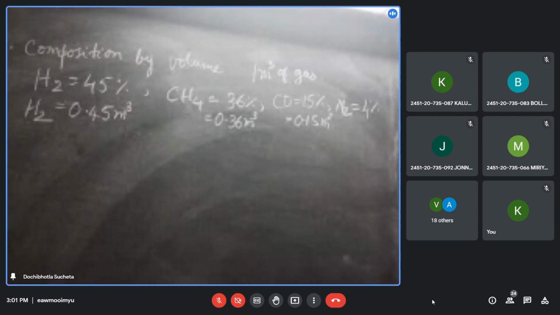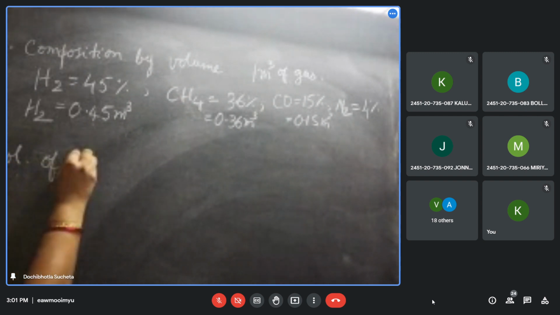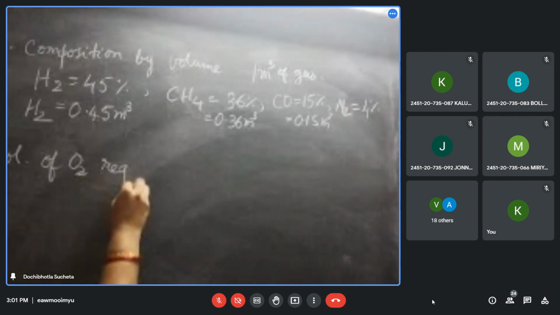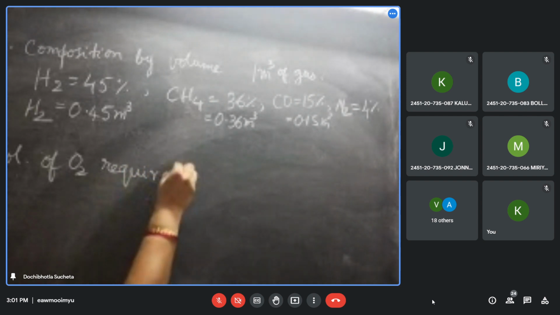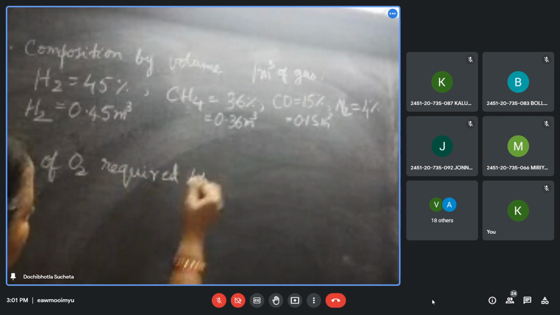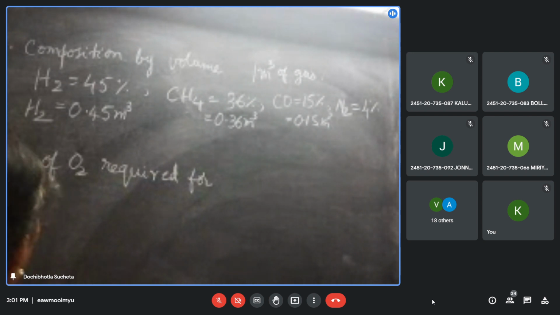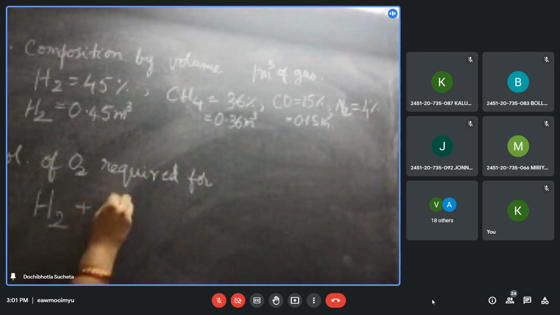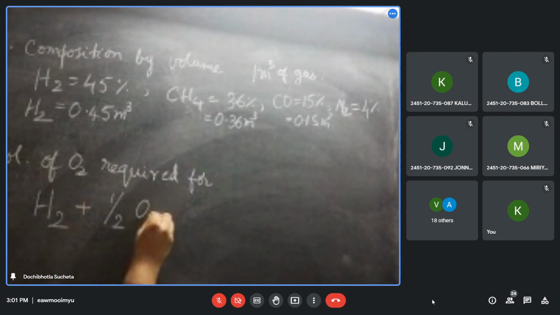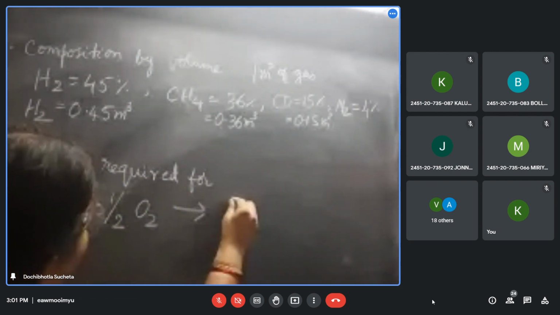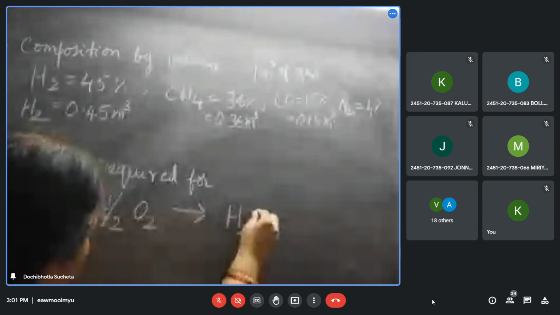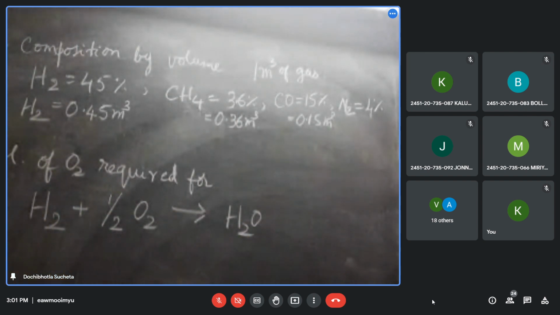For the first one, hydrogen: H2 reacts with half O2 to form H2O.